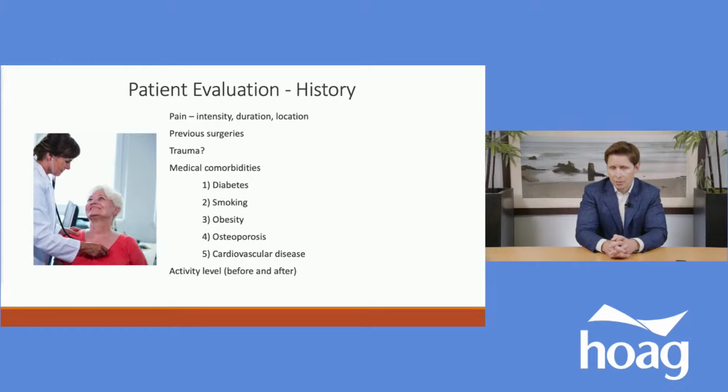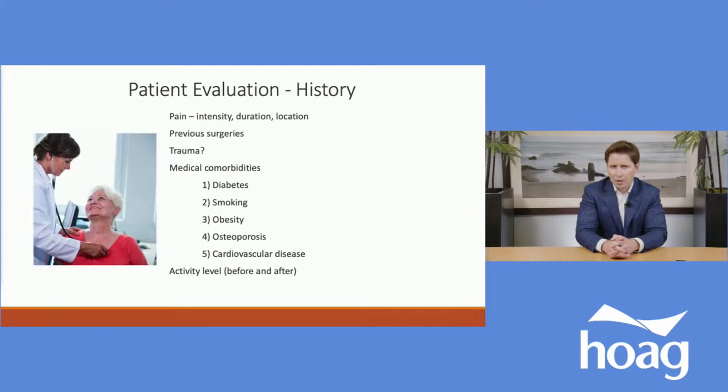Is it because of previous surgeries? Is it because of trauma? Does the patient have other medical comorbidities that could be contributing or complicate their management? The most common that we see in this population group is diabetes, tobacco use, obesity, osteoporosis, and cardiovascular disease.